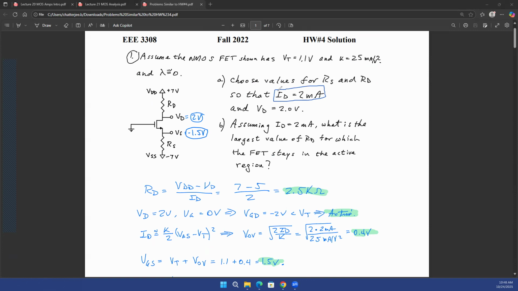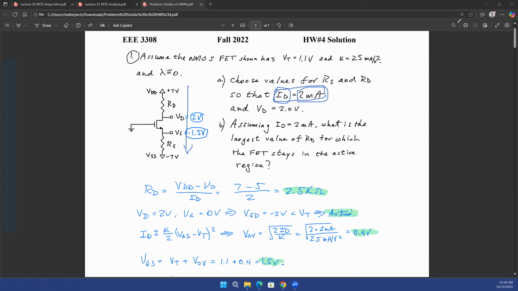This uppercase ID that is given here is the biasing current, that there will be a 2 milliampere DC current even if you don't apply any AC voltage at the input. That's what it says in homework 4.